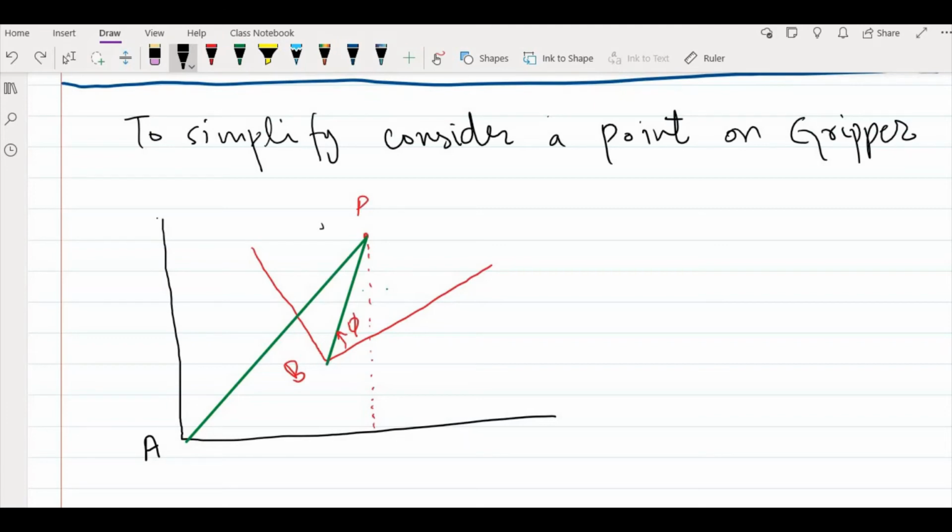So here we have the original A frame if it's not translated, if both frames were at the same origin, then it will look like this. The angle that is being made is theta. So frame B is rotated with respect to frame A by angle theta. We call this new frame the intermediate frame.